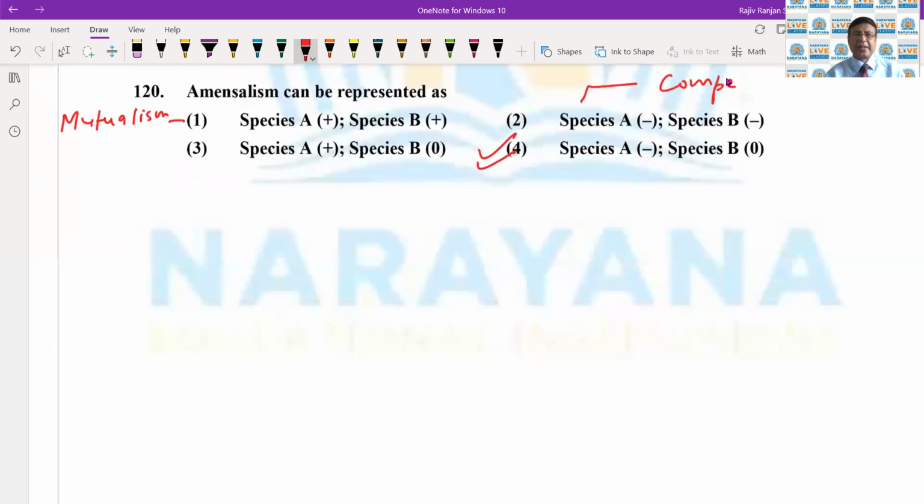These are actually the biotic interactions occurring in an ecosystem. When one species is benefited and the other species is neither harmed nor benefited, this is called commensalism. However, if a species is harmed and the other species is not benefited, it is called amensalism.